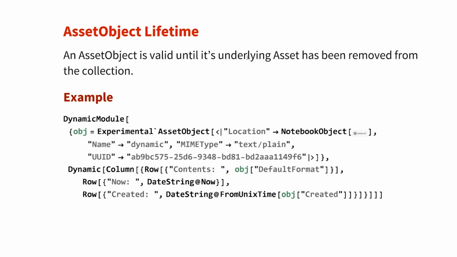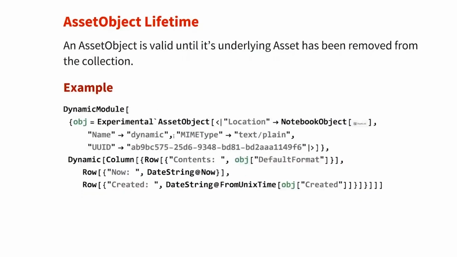Because I want assets to be usable inside of dynamic modules as instance variables, it means they have to live beyond kernel sessions or even front end sessions. So asset object is a guarantee. It's basically a handle that you can grab and use as a promise to get the data at any point in the future, as long as the notebook is open and the asset exists within the notebook.